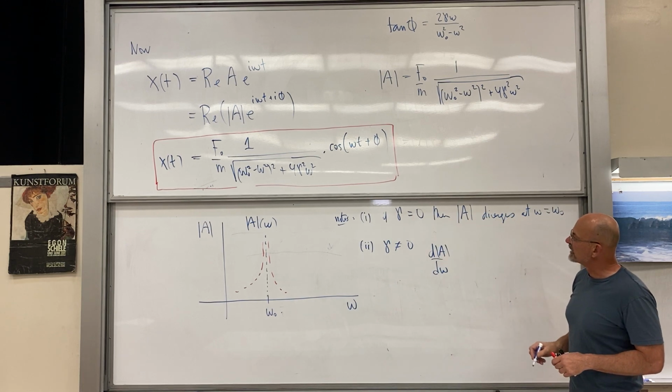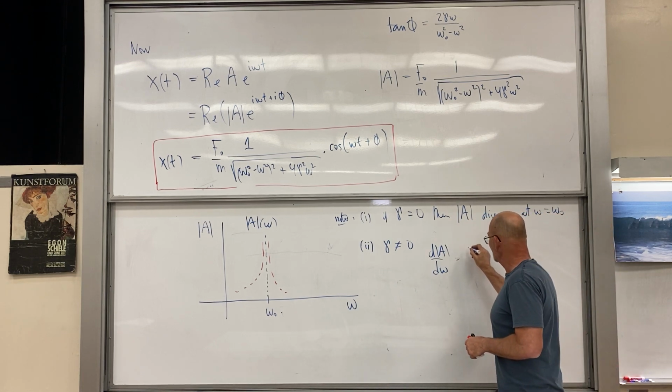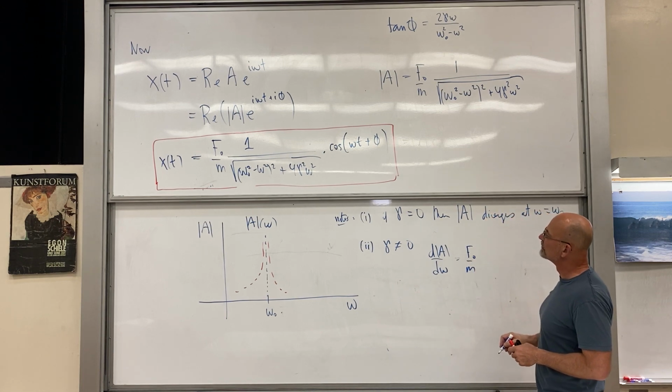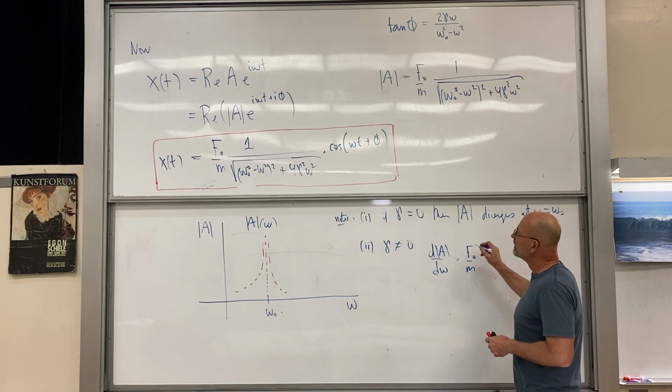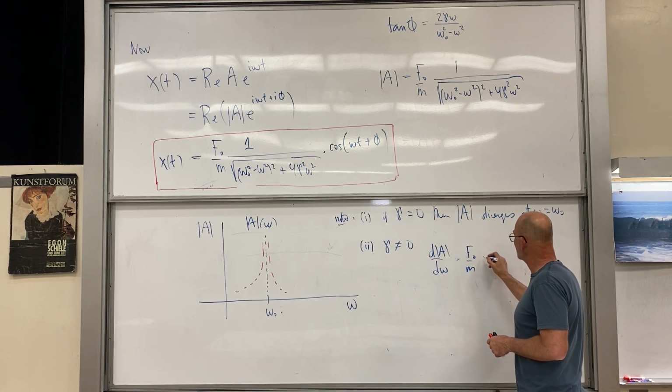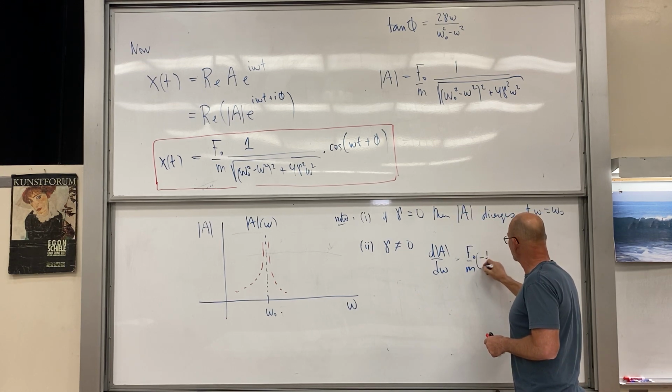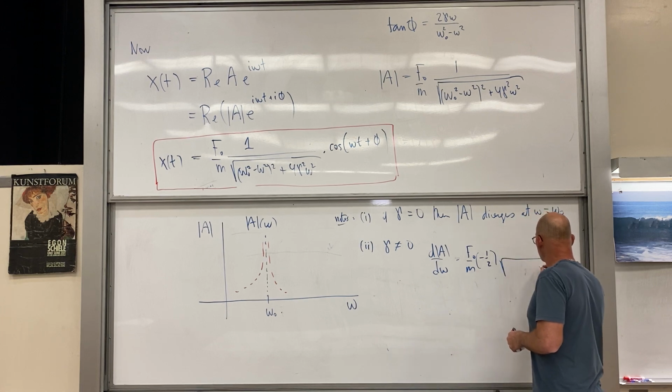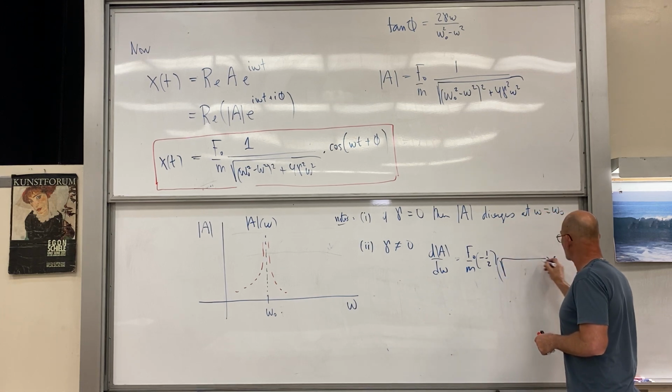Let's just take the derivative. Aside from all this stuff here, f naught over m, this is minus 1/2 power, so we have minus 1/2 this thing to the 3/2.